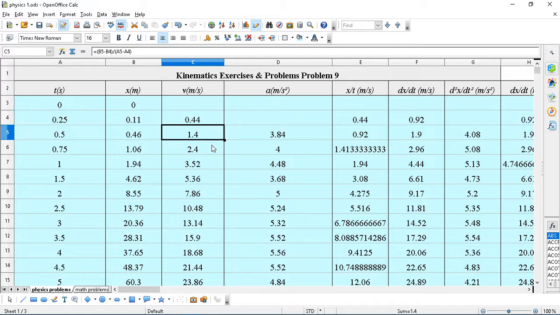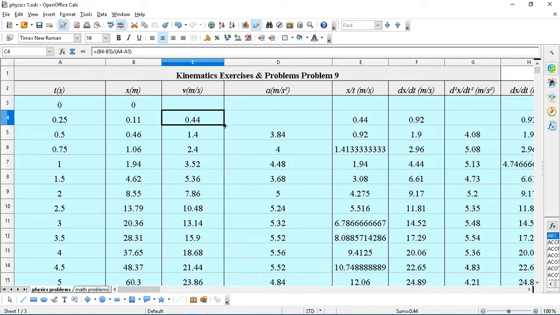Since you can see that this formula is repeated throughout this column, you do not have to write down the formula for each cell. You only write down the formula for the first cell for which you will do the calculation.